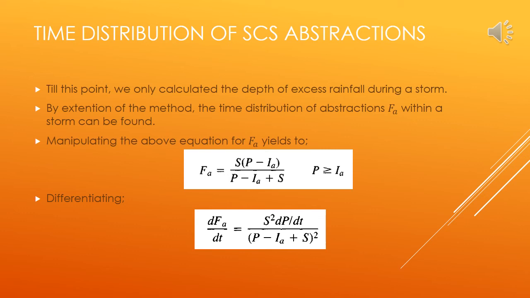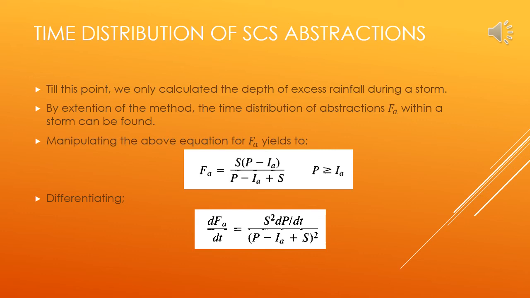Differentiating this equation, the derivative of the retention with respect to time, dFA over dt, is equal to S squared dP/dt over (P minus IA plus S) squared.